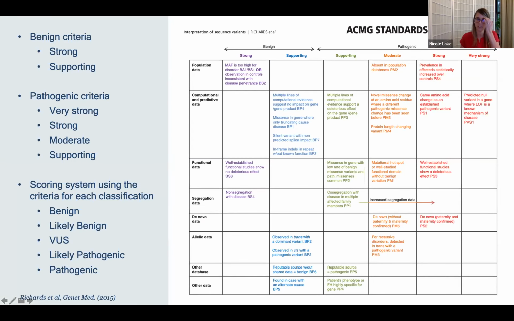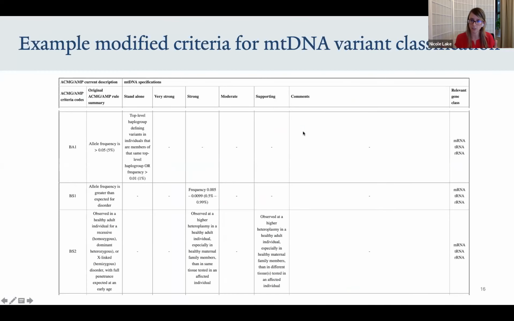I'm not going to go into this in too much detail, but just to elaborate, these criteria provide differing levels of evidence for either pathogenic or benign status, ranging from supporting to strong level criteria across different lines of evidence, ranging from population and computational data to segregation data, among others. I don't have time to go into the criteria in too much detail, but I did want to point out some of the examples of how these criteria have been modified for their application to the mitochondria.